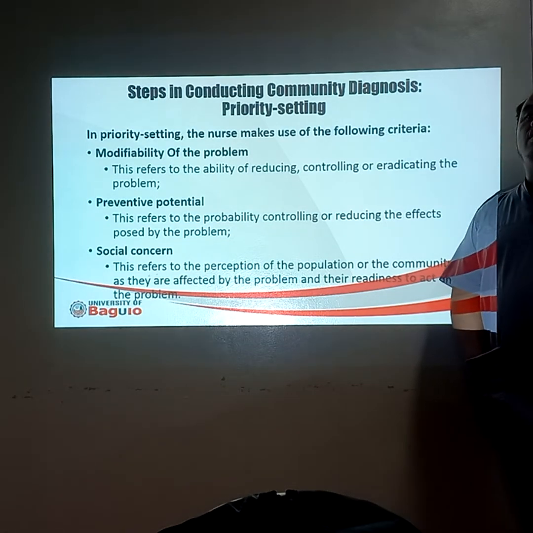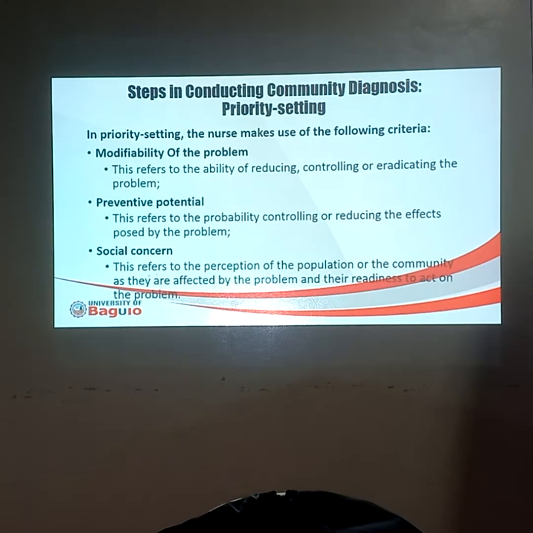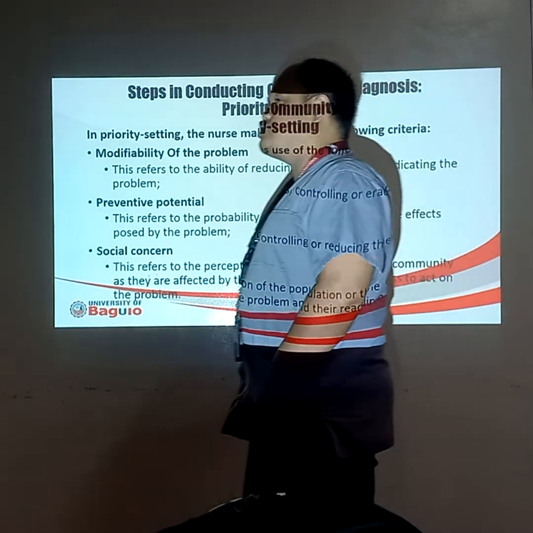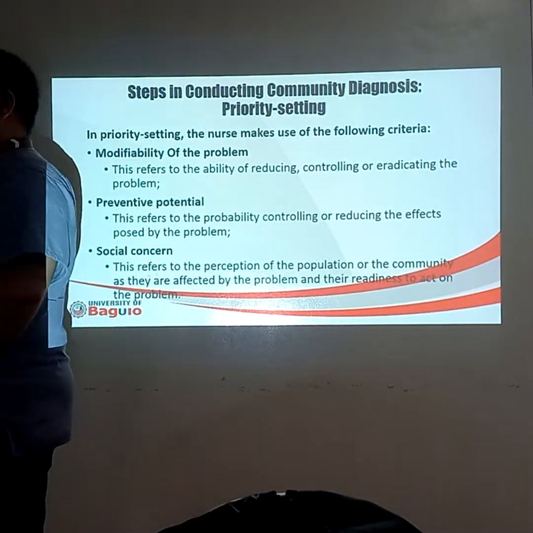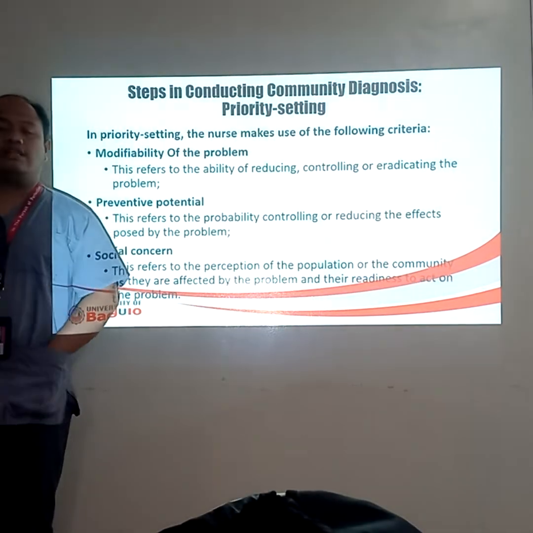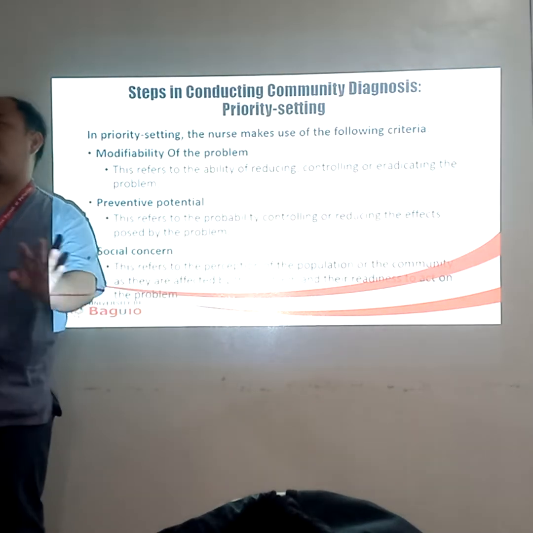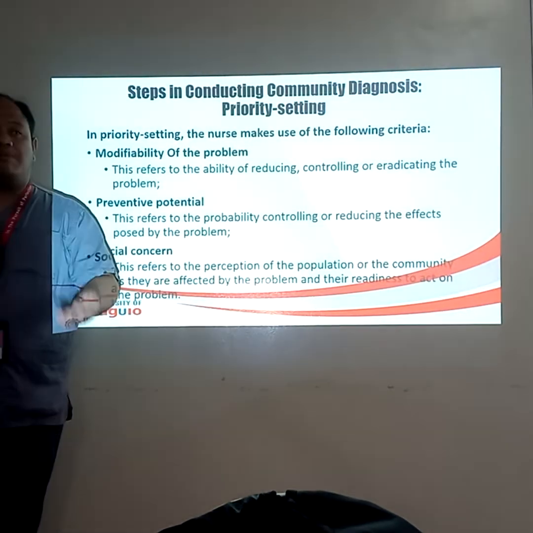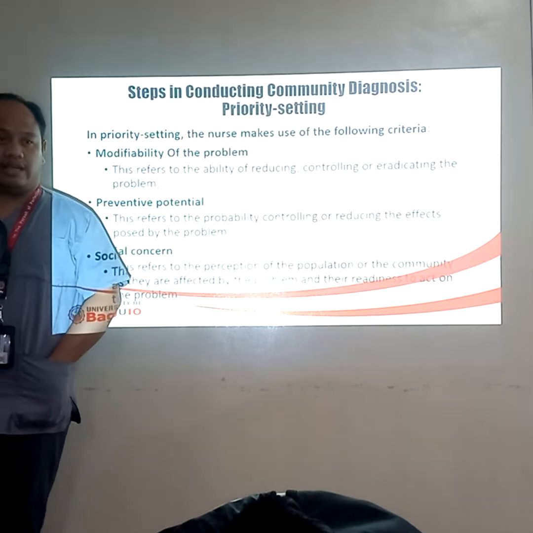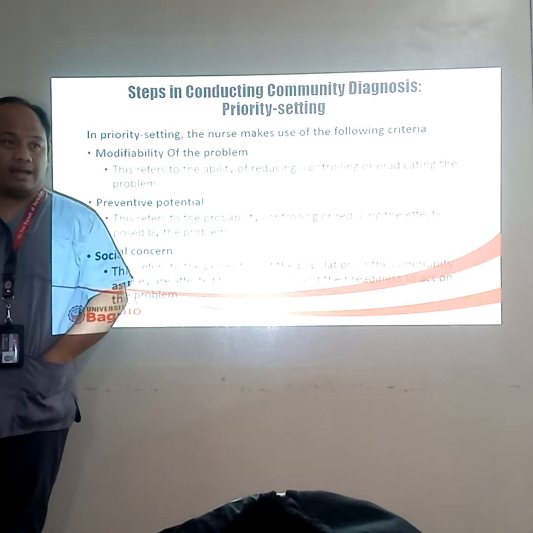And the last one is social concern. In comparison now to your family nursing care plan, your social concern refers now to the perception of the community. And talk about perception of the community, that's your social concern, while in the family nursing care plan, the perception of the family is known as your salience. Naalala po ba?